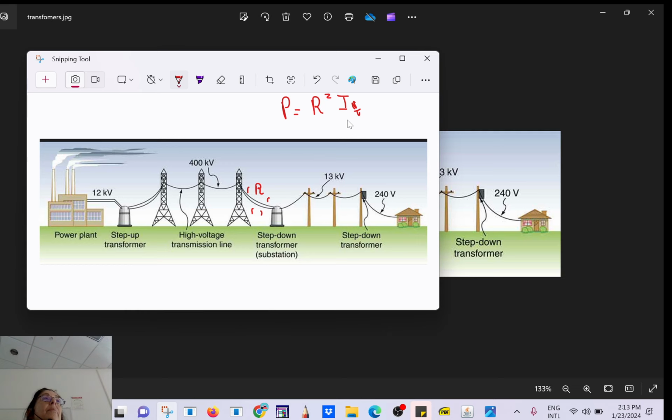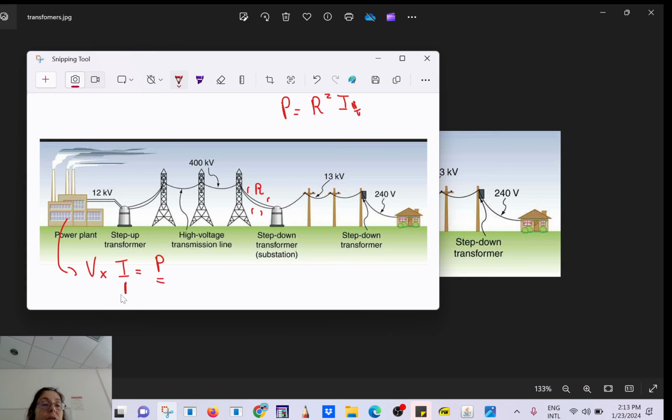Do you agree? So here the power supply is going to provide you with a power V times I, okay? That will be how much energy is produced, and that amount of energy has to be transferred to your house. So let me ask you something. There is so much power you're going to provide, so that you cannot change. So this is constant, okay?